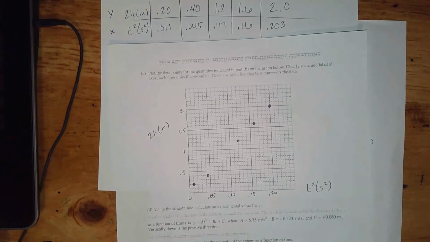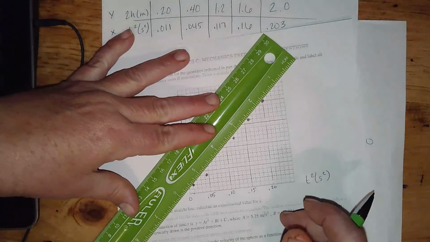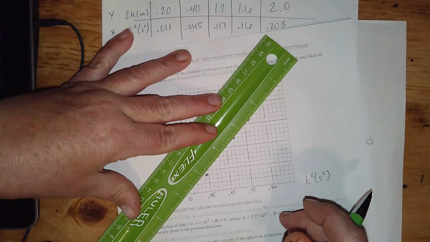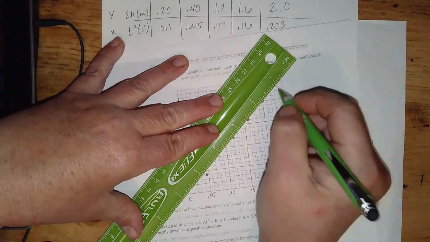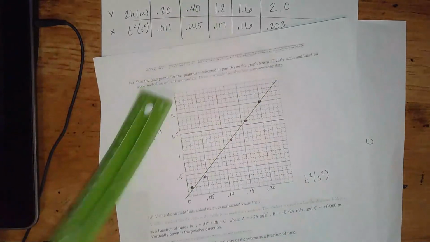So there is my plot, and now I'm going to put a best fit line through that data, and that data actually fits really, really well. So that looks nice.